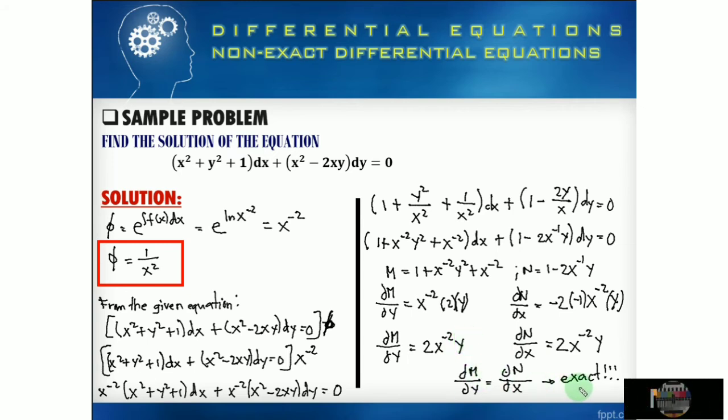Since it is already an exact equation, we can proceed using the direct solution. And I will also show you not only the direct solution but also the indirect solution, so that you can compare and verify that the direct and indirect solutions arrive at the same answer.